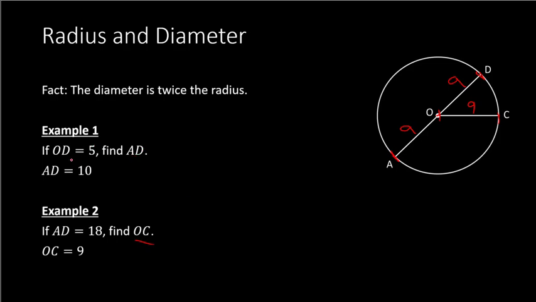Now, one thing to point out, by the way, we didn't really explain it yet, but here, the notation, where it says OD or AD, is referring to the length of the segment. So for example, if you had a segment OD with a segment symbol above it, that's just talking about the shape.